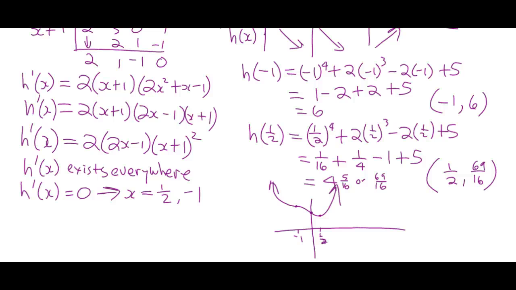And so, what did it ask for? Determine the local maximum and minimum value. So we have an absolute minimum and a local minimum at 1/2 and 69/16, and there are no local maximums, right?